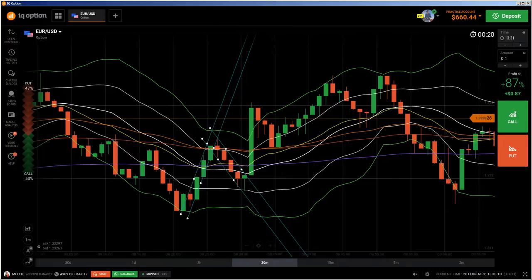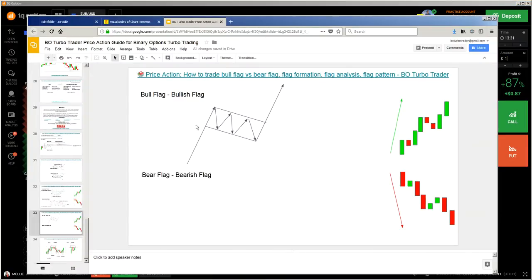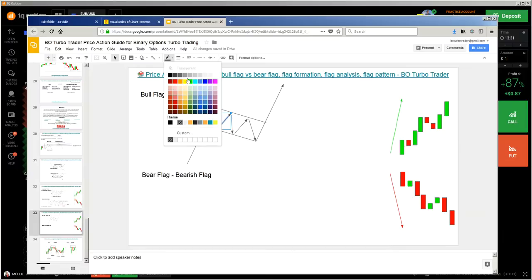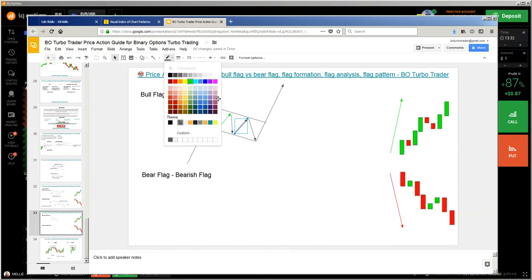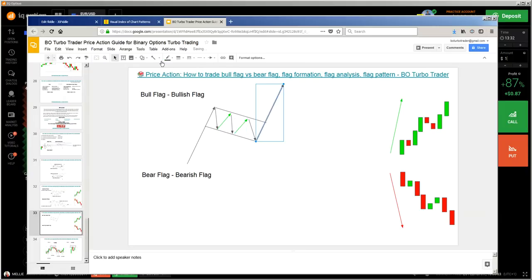Let me draw this here. So this here is the flagpole, and this is the profit target. And this is a bullish one. If you know one chart pattern, you know all those chart patterns, because they are always the same.